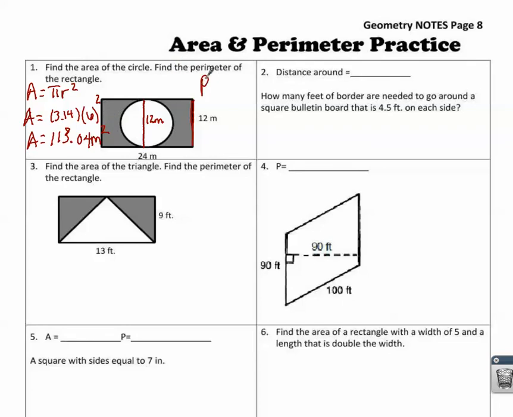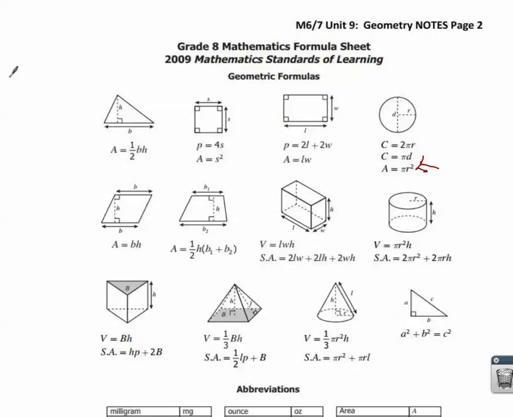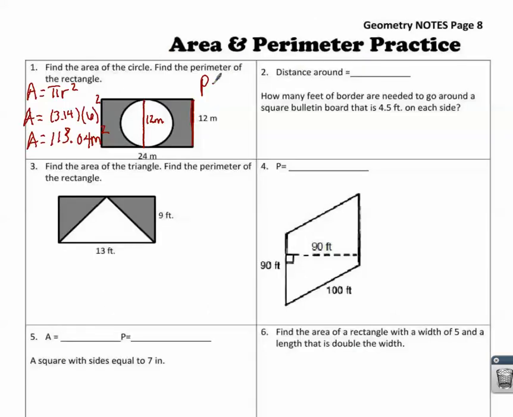Now the perimeter of the rectangle, if you don't know your formula, go back to your formula sheet, find your rectangle. The perimeter is 2L plus 2W. My length is 24. My width is 12. So 2 times 24 plus 2 times 12.